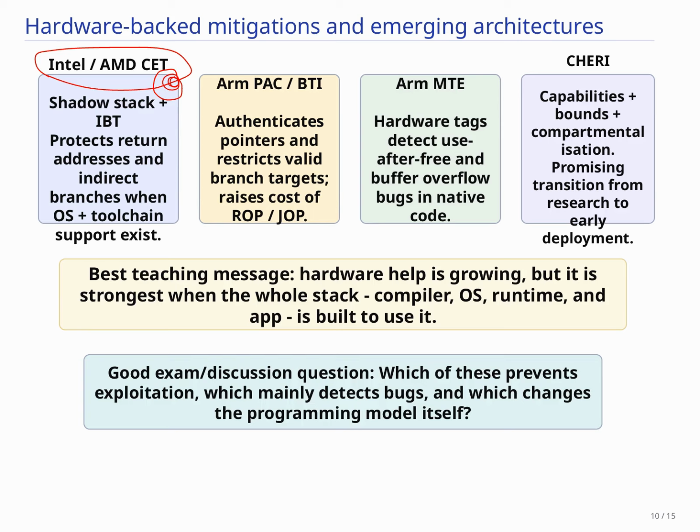It has return address protection, indirect branch protection, and operating system and toolchain support exist, which means that you can use these techniques if you chain them together with the compilers as well, which will create a safe hardware-backed mitigation of this code.